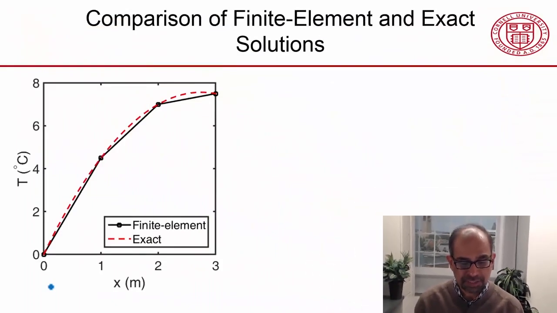Here is a comparison of the temperature between the finite element and the exact solutions. On the vertical axis, I've plotted the temperature. On the horizontal axis, I've plotted the distance along the bar. The black line is the finite element solution, and the symbols indicate the nodal values. And the dashed red line is the exact solution.